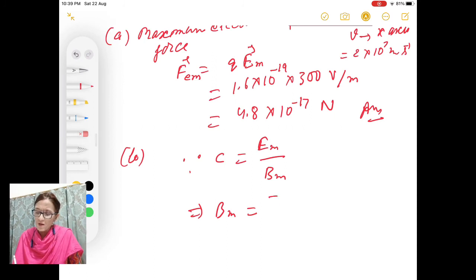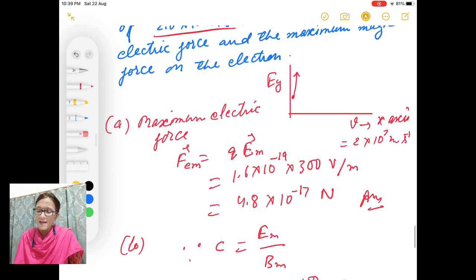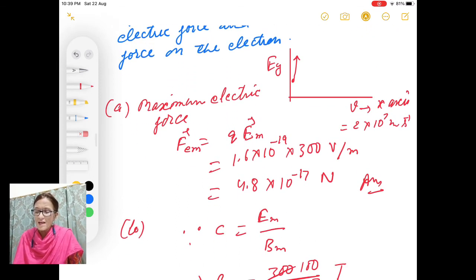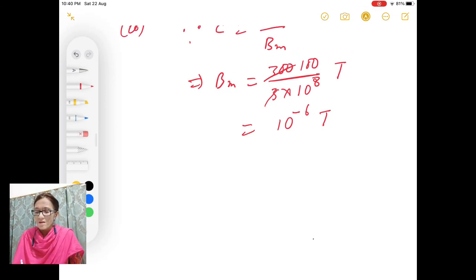E amplitude here is 300 upon the velocity of light, which is 3 into 10 to power 8, and magnetic field has unit Tesla. So this comes equal to 10 to the power minus 6 Tesla. Now we obtained the magnetic field, and we are to find the maximum magnetic force. So this is your magnetic field amplitude.